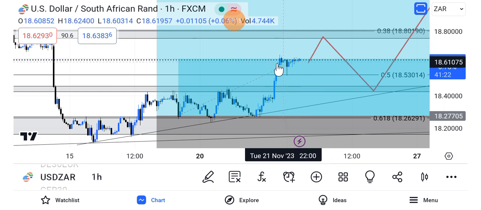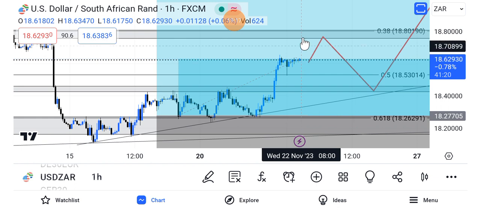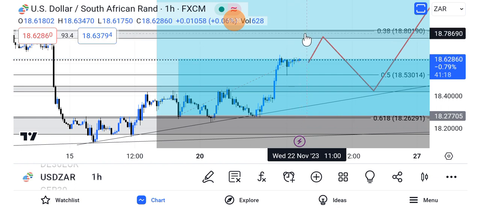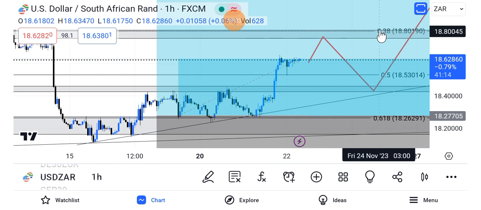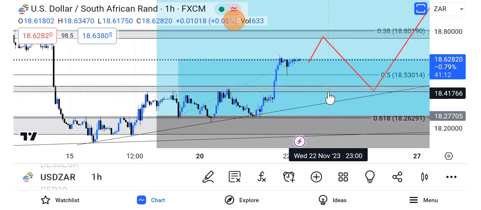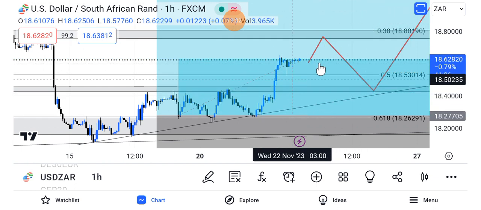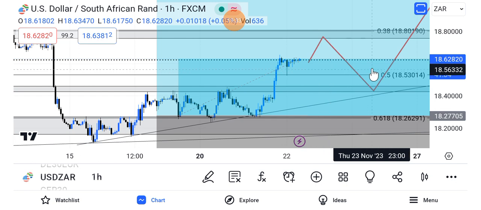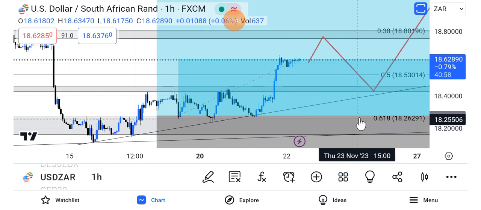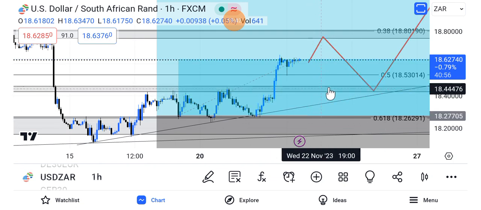With how I know USDZAR, guys, we're going to break above, because we need to come back to this area, this 0.38, the 38%, and retest this area right here before we continue to go all the way up. You understand? And mind you, it's in between the 0.50, which is 50%, and the 0.618 level. You understand what I mean?